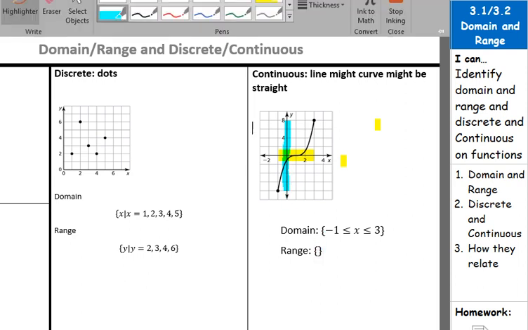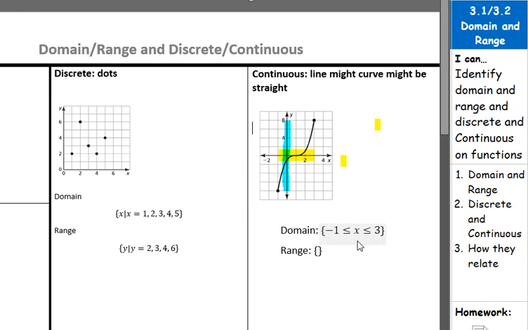So I'm going to write my smallest y value, which in this case is -4, which is less than or equal to y, which is less than or equal to 8. My smallest number has to go here. My biggest number has to go here.